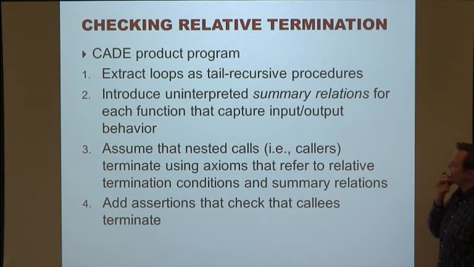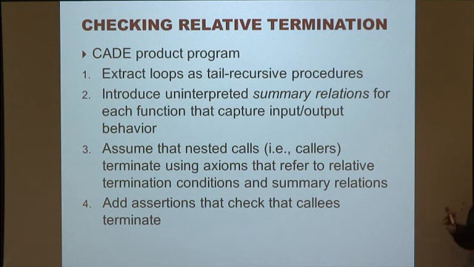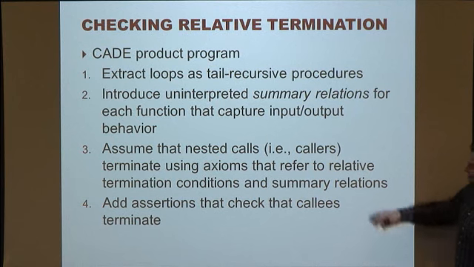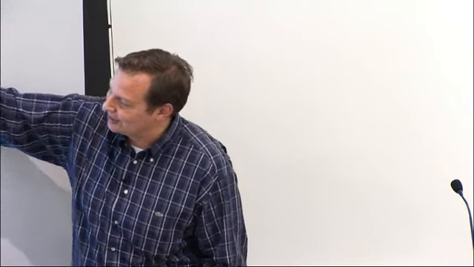You have to introduce uninterpreted summary relations that capture the input-output behavior of functions, and then you assume that nested calls, recursive calls or nested calls, terminate. You can do that using axioms that refer to the relative termination conditions I talked about in the previous slide, and these summary relations. And then you stick in assertions that check that callees also terminate, and discharging these assertions relies on this assumption.